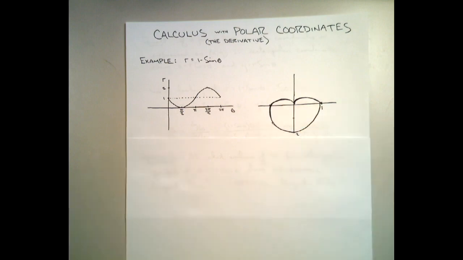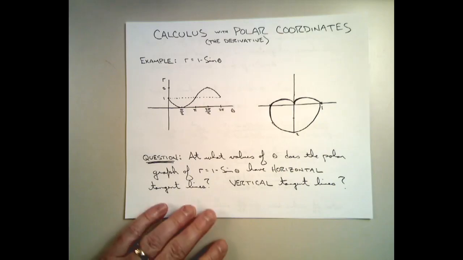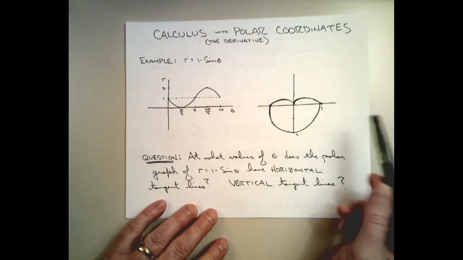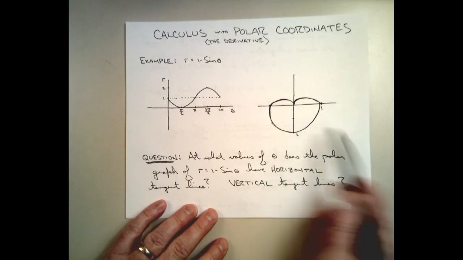All right. So let's ask a couple of calculus type questions about this graph. At what values of θ does the polar graph that we just drew have horizontal tangent lines? And then also, where does the graph have vertical tangency? Well, let's see, we can probably estimate a little bit. Looks like we probably have a horizontal tangent line maybe right there. Where was that?